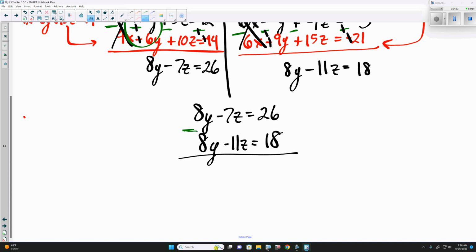So I can try subtraction first. 8 minus 8 is 0. Okay, so that means we're going to subtract all the way through. 8y minus 8y is indeed 0. We'll move on to the next one. Negative 7z minus negative 11z.